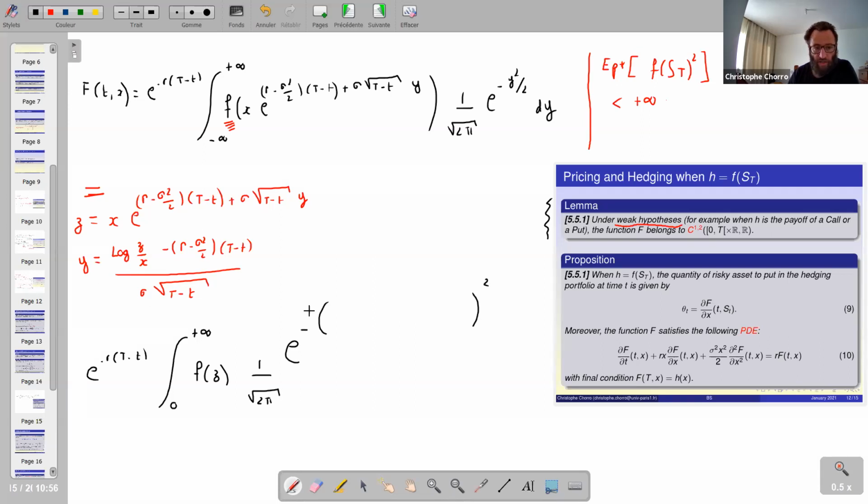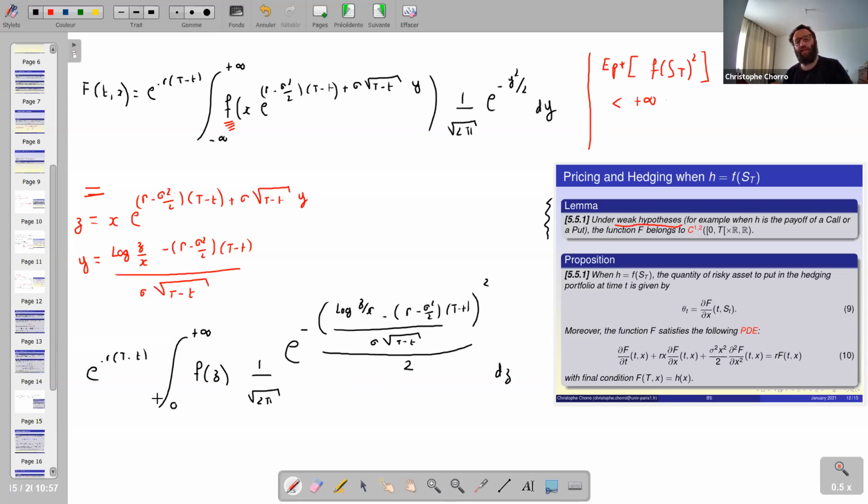And what is y? It's this one: the logarithm of z over x minus (r minus sigma squared over 2) times (capital T minus t), over sigma times the square root of capital T minus t, dz.